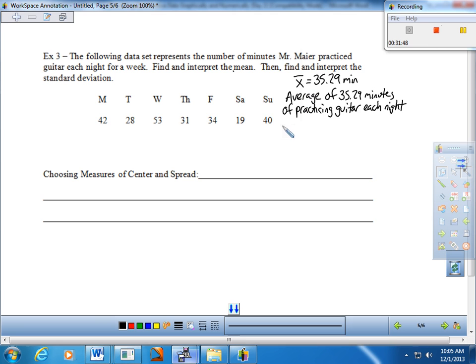So let's do it. Standard deviation was 10.95, and again, what it represents is the average distance of the values from the mean.